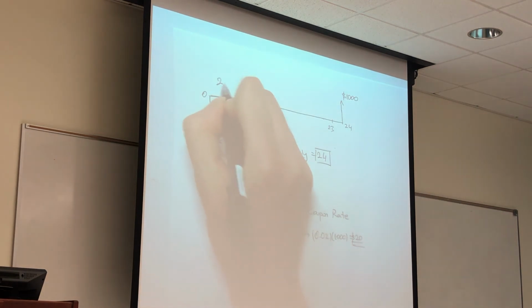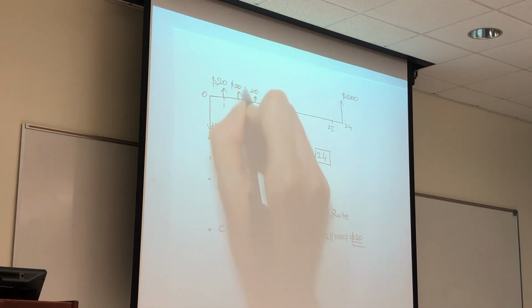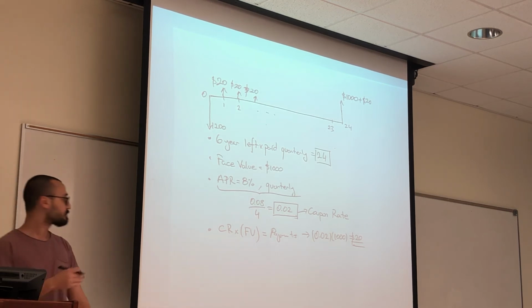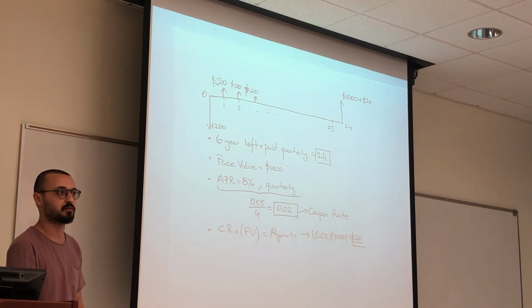So these all will be 20, 20, 20. And at the end, we're still gonna get our $20 because there's still a coupon payment on that last period. So this is the structure of this bond that we bought from some other dude.